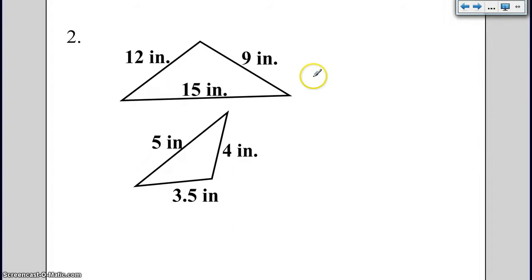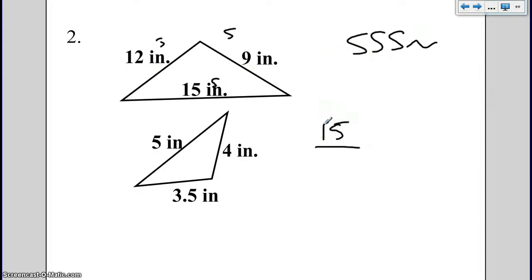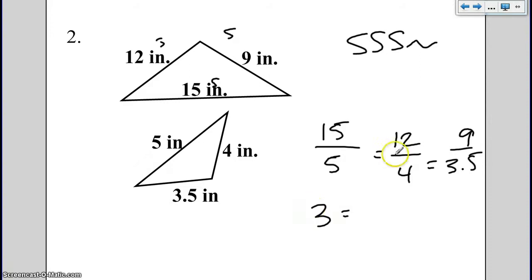Let's try this one. 3 S's. Let's make sure that I can use this. I want to see if I can use this, so I'm going to compare 15 to 5, 12 and 4, and 9 and 3.5. 15 over 5 is 3. 12 over 4 is 3. 9 over 3.5 is not 3.